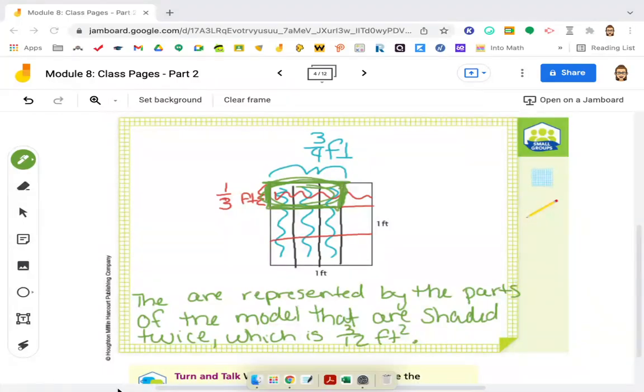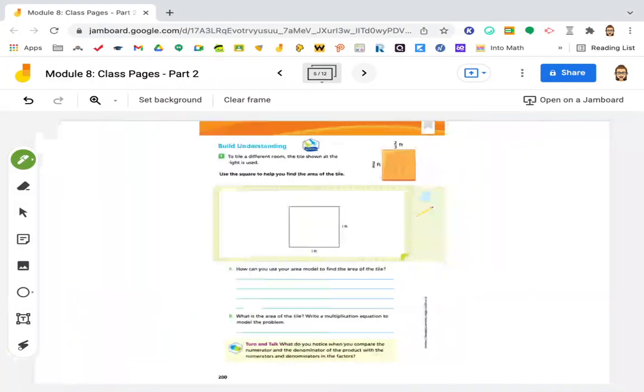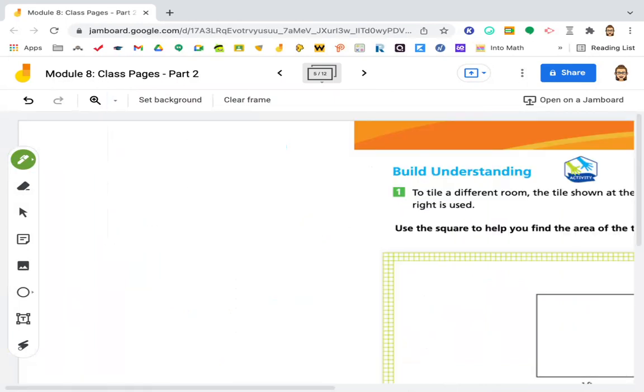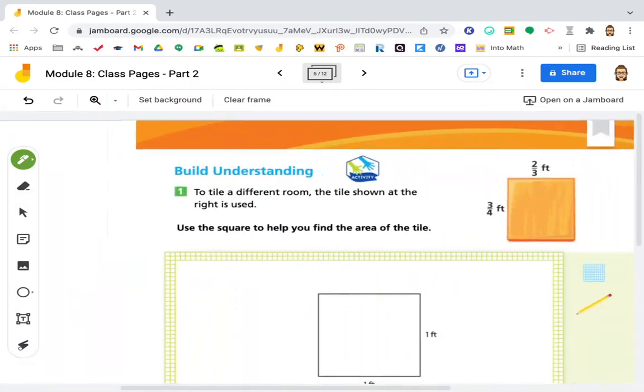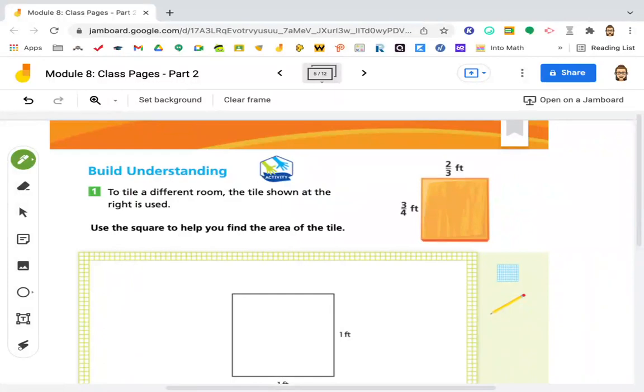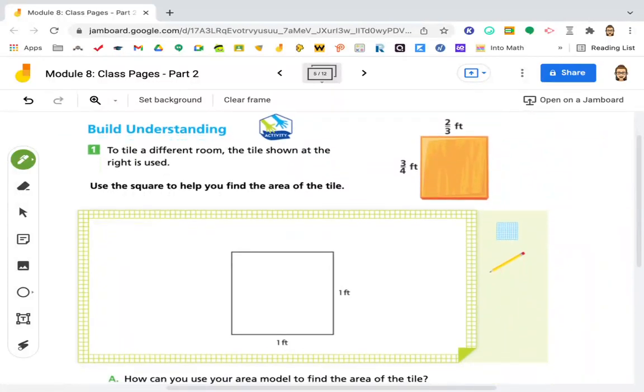Then we're going to come over here to the next page. It says to tile a different room, the tile shown at the right is used. Use the square to help you find the area of the tile. Well, we have 2/3, so we're going to split this into thirds and shade 2 of them. So we get 2/3.